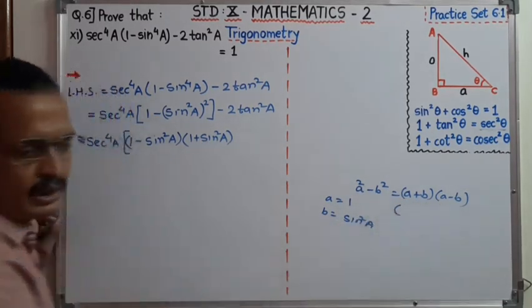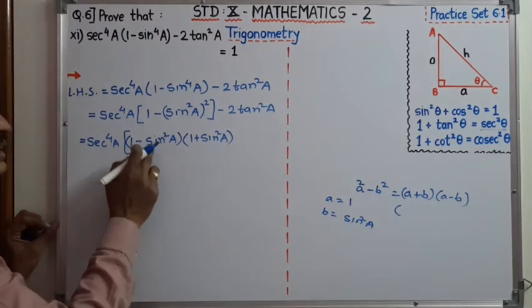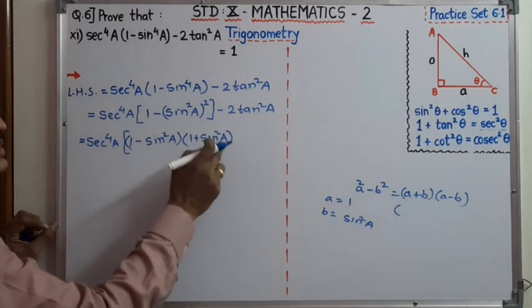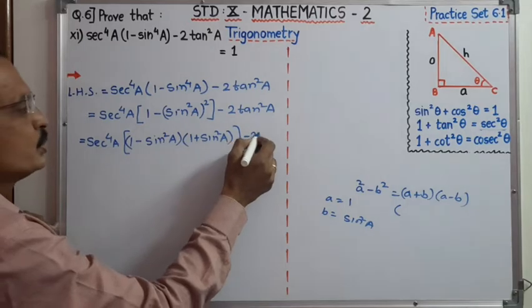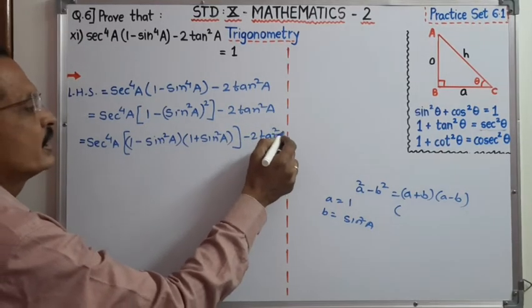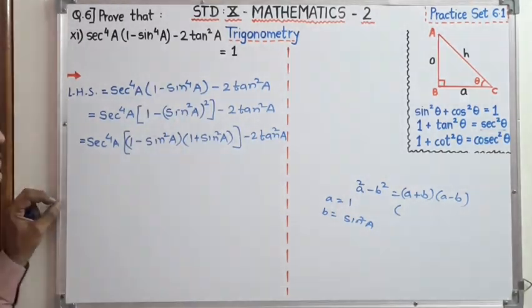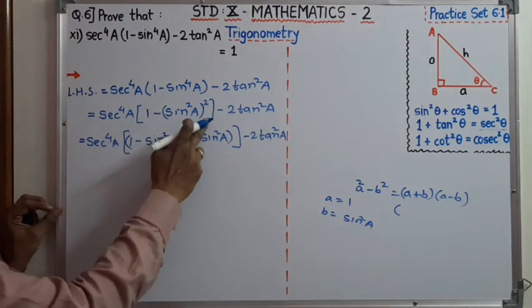A plus B, A minus B, that we write as (1 − sin^2 A)(1 + sin^2 A) minus 2 tan^2 A. I think everyone understood this.